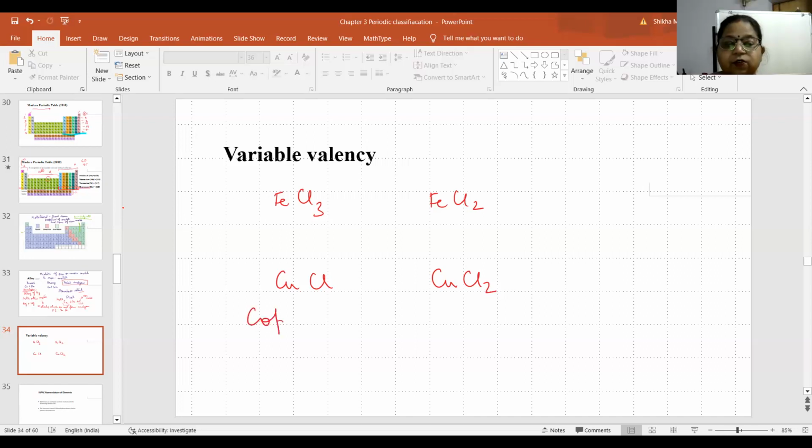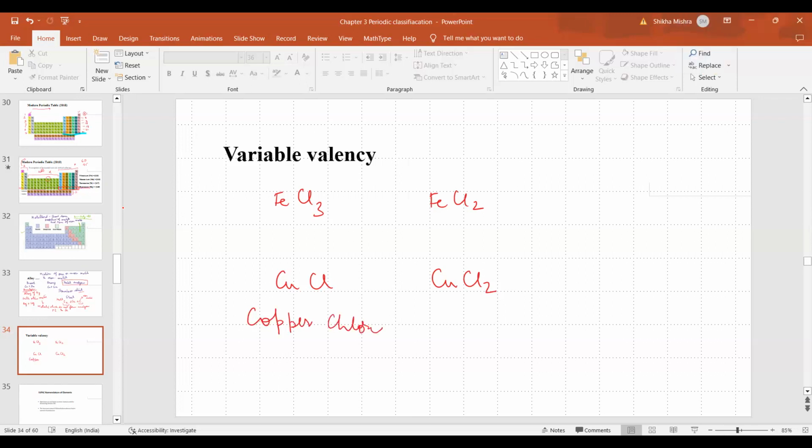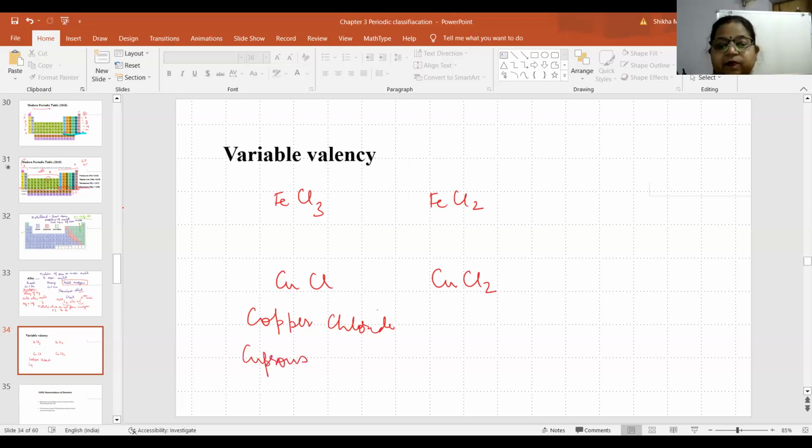You said the first one is copper chloride. Am I correct, Ria? Yes, ma'am, but I think I was wrong. I think the first one is cuprous chloride and the second one is cupric chloride. Yeah, that's correct.